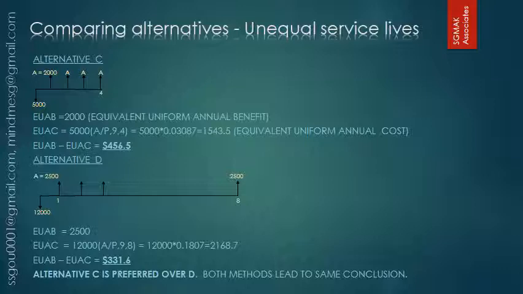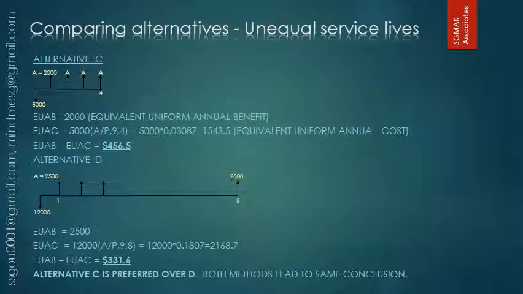Let's look at alternative D. The plan period is 8 years, and we have a uniform annual benefit of $2,500 at the end of each year with an initial cost of $12,000. The equivalent uniform annual cost is $12,000 multiplied by the corresponding capital recovery factor, which comes out to be $2,168.70.